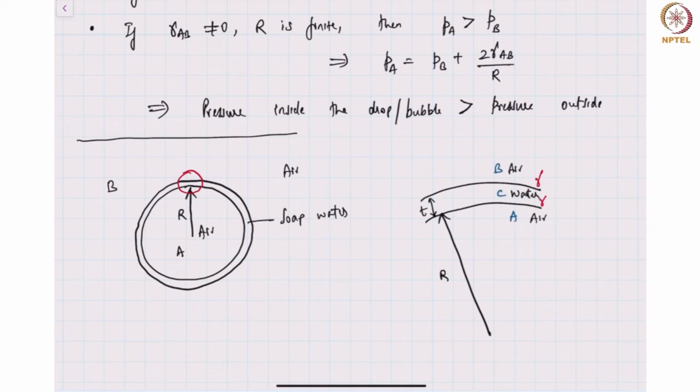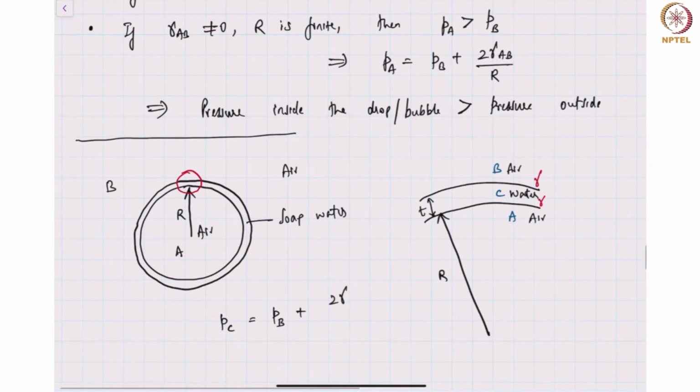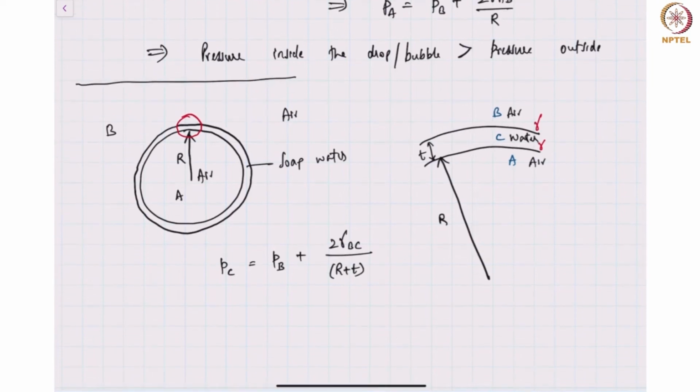Let's first look at the region C. Using this expression, PC is equal to PB plus 2 gamma BC divided by the radius. The radius would be r plus t. But if t is very, very small compared to r, then PC is approximately PB plus 2 gamma by r.